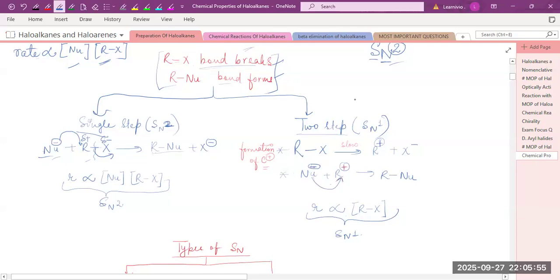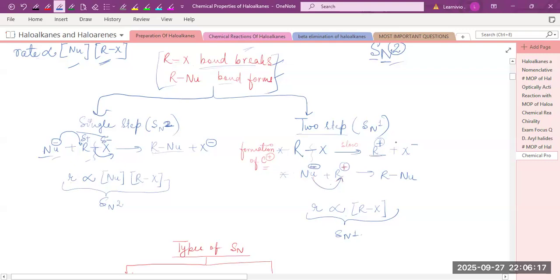Now let's see what will be the first step. So first step will be the cleavage of this Rx bond. This Rx bond will be cleaved, okay? And when it cleaves, you know very well, this X halogen is most electronegative, so it will acquire partial negative charge. So X के ऊपर क्या आएगा negative charge, but this R will have a positive charge.